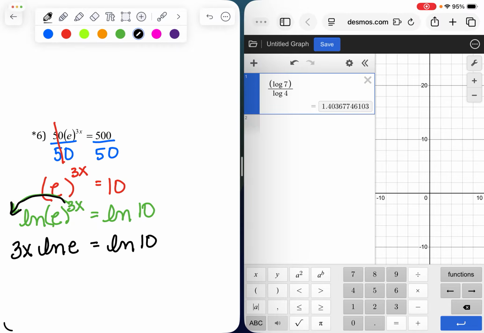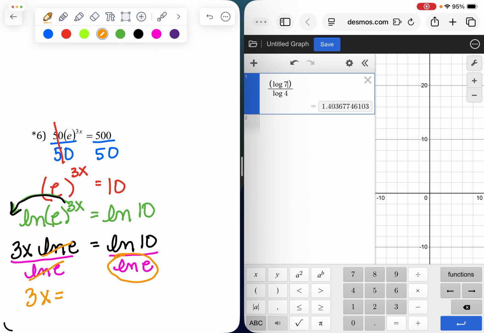So if I come back here, and if I divide both sides by 3, I'm going to get x equals ln of 10. And I probably should put that in parentheses. So let me go back and put that in parentheses. And then divided by, I totally messed up. Let's start again.